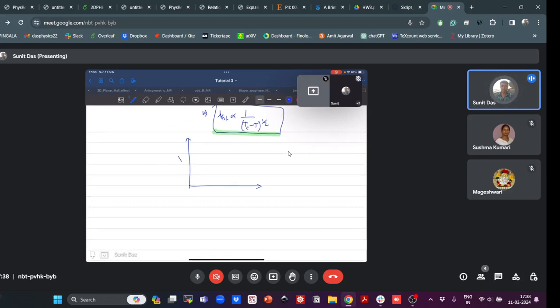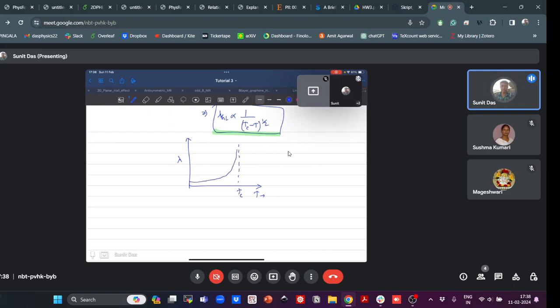I do not know if this will come or not, but these are sort of typical easy questions, but not very direct questions. So let's say here we have Tc, and the lambda varies like this.